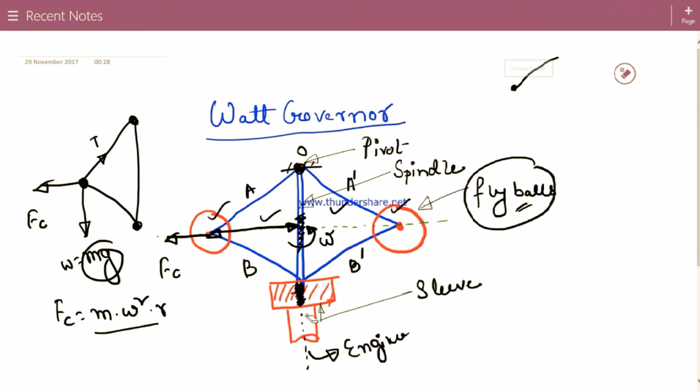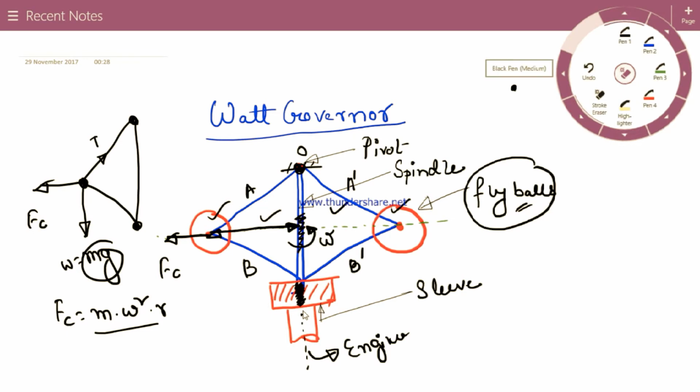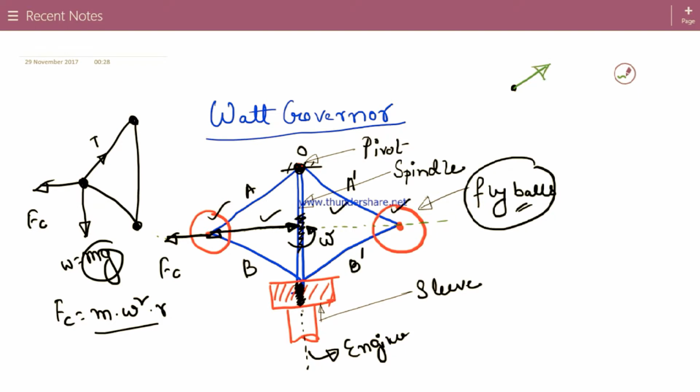Here it is Fc, this one is T, and this one is mg. The Fc and mg forces make 90 degrees with each other.